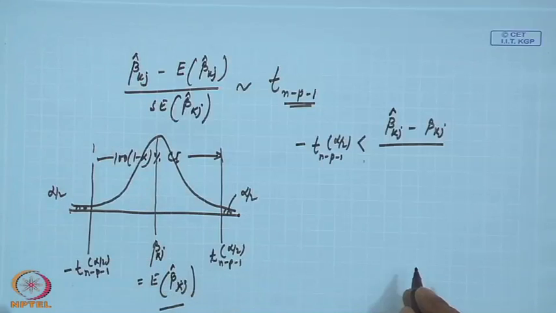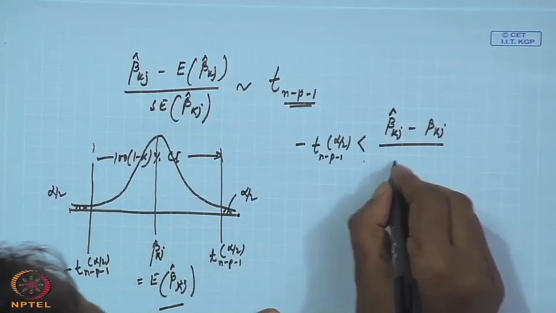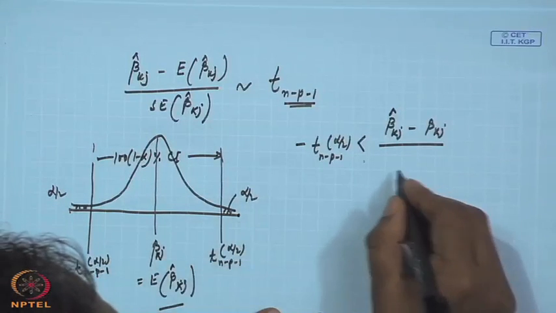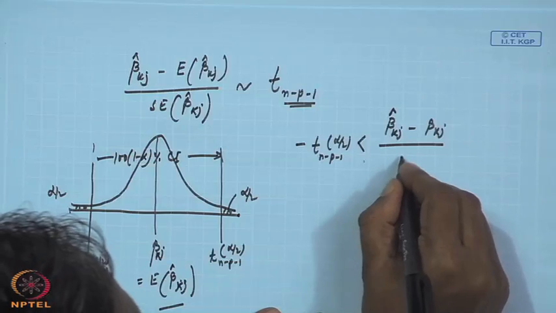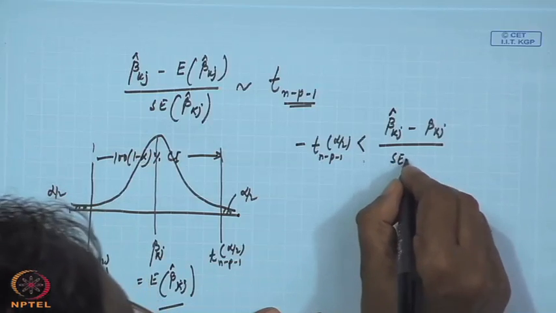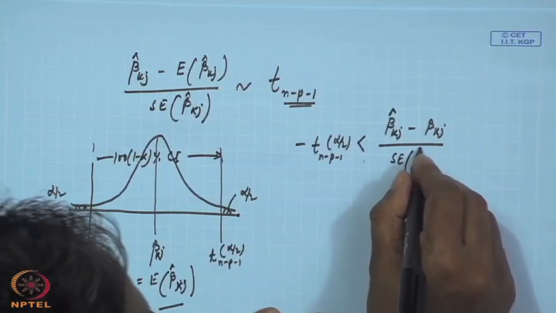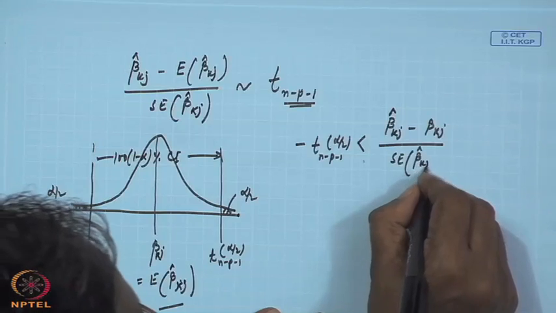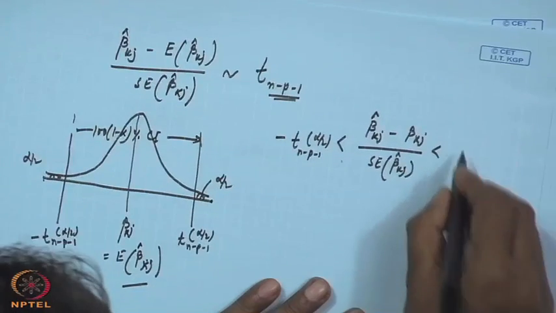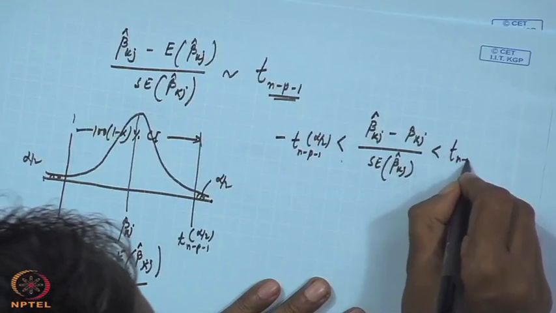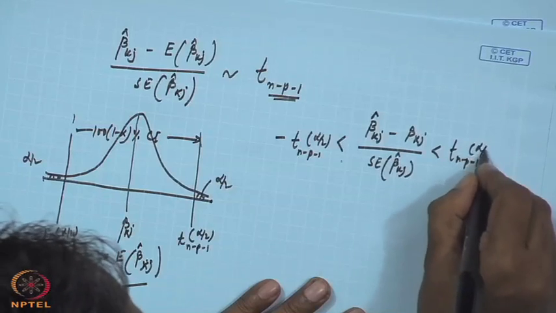So that value will come here. I will not write this out, so straight away I am writing that it is less than or equal to t(n minus p minus 1, alpha by 2).